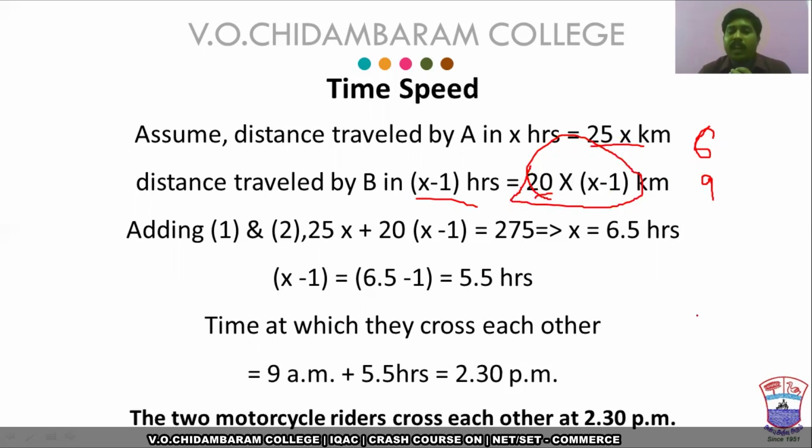B starts at 9 a.m. When he reaches the crossing point, he has covered 5.5 hours. So the crossing time is nothing but 9 plus 5.5. It will be 14.5 hours, that is 2 hours 30 minutes in the afternoon.